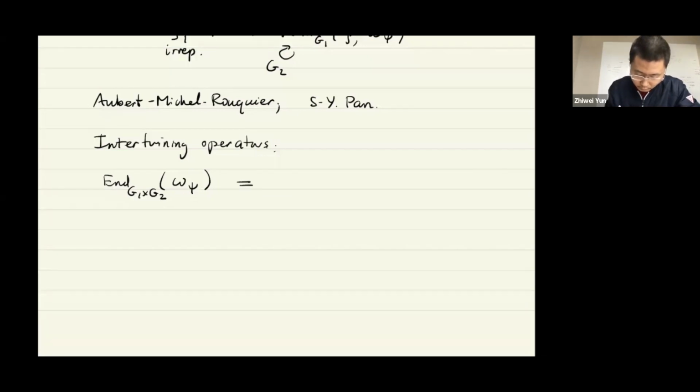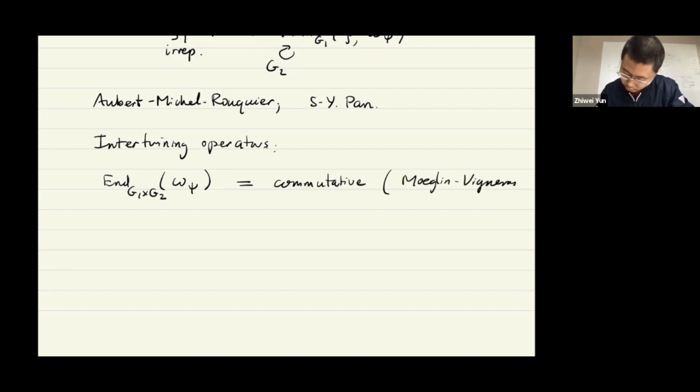This actually is a commutative ring, a commutative algebra. This is a result of Magaard, Rouquier, Poguet. Namely, this decomposition into G1 times G2 modules is multiplicity free.